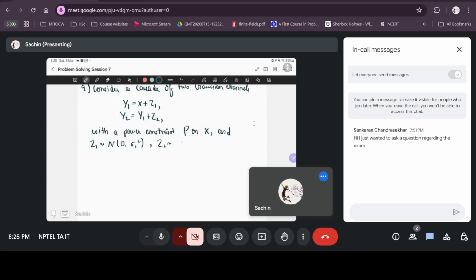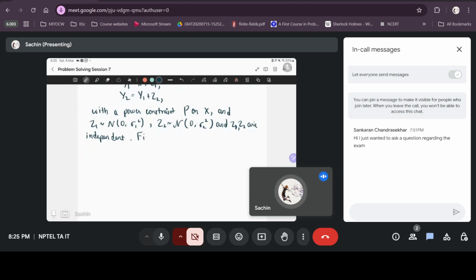Z2 is Gaussian distribution with mean 0 variance sigma 2 square, and Z1 Z2 are independent. Find the capacity of the channel for I(X;Y1).